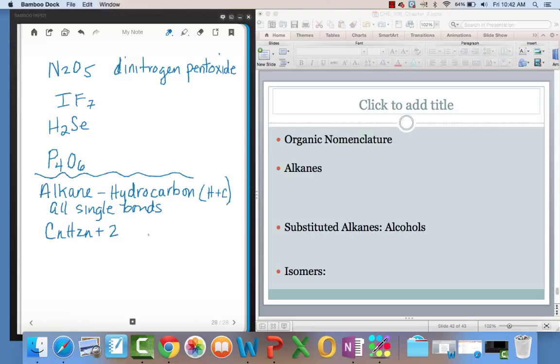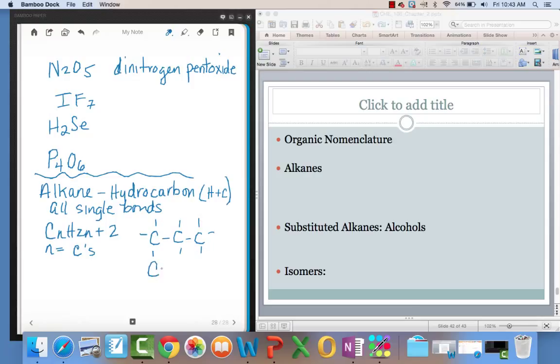So for example, if I have 3 carbons, remember that carbon has to form 4 bonds. So because n equals the number of C's, if I put C3, H, 2 times 3 is 6, plus 2 is 8, and I have 1, 2, 3, 4, 5, 6, 7, 8.